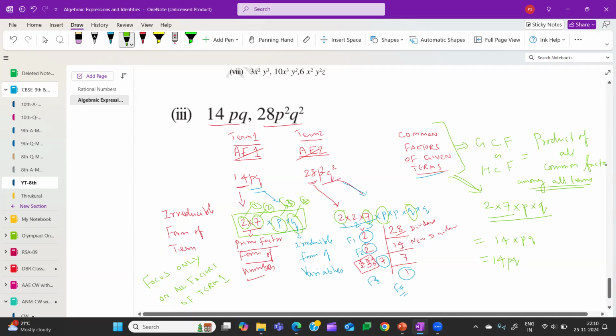All terms means, here how many terms do we have? Here we have term 1 and term 2, and the common factors we have to just multiply. Product of all common factors.